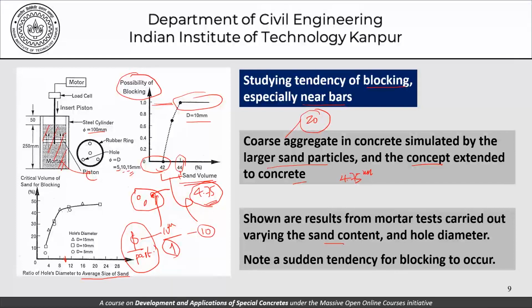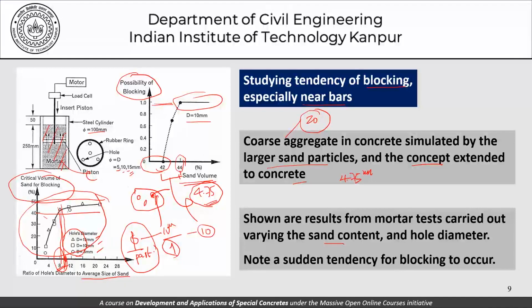So what this picture tells us is that for the different hole diameters, that is d equal to 15 mm, 10 mm and 5 mm, in all these cases, the critical volume of sand for blocking varies like this. If we are working at a ratio of 8 to 10 for the hole diameter to the particle size diameter, we are always working in the range of about 40 to 45, 50% as the critical volume of sand for blocking.